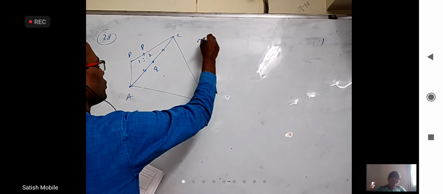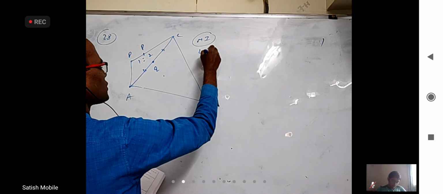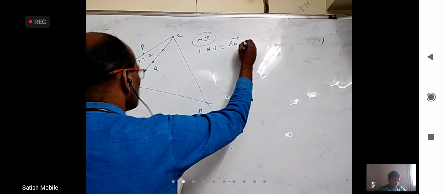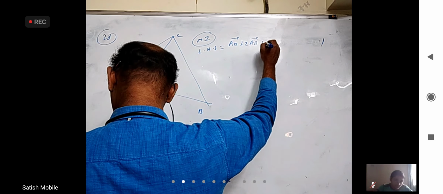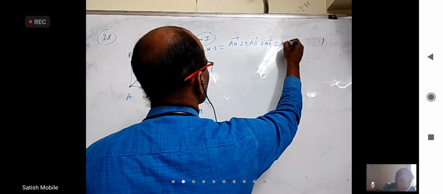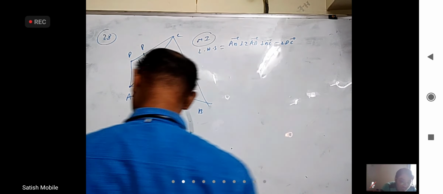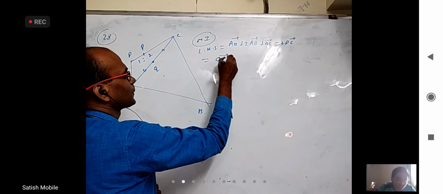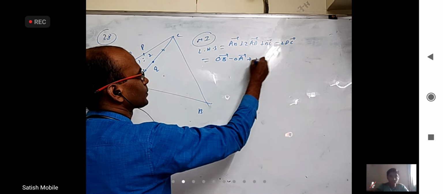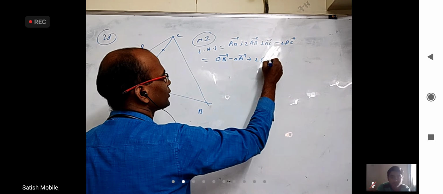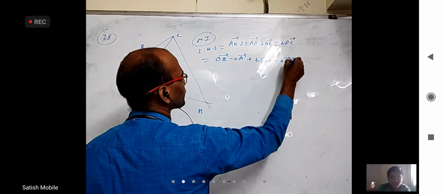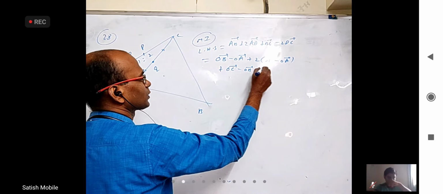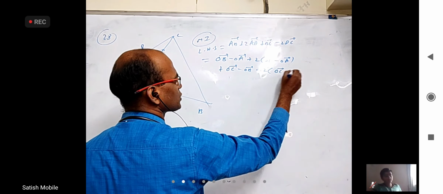Okay, method 1, let us start with LHS, which is AB bar plus 2AD bar plus BC bar minus 2DC bar. AB bar is OB minus OA. AD bar is OD bar minus OA bar. BC bar is OC bar minus OB bar, and DC bar is OC minus OD.